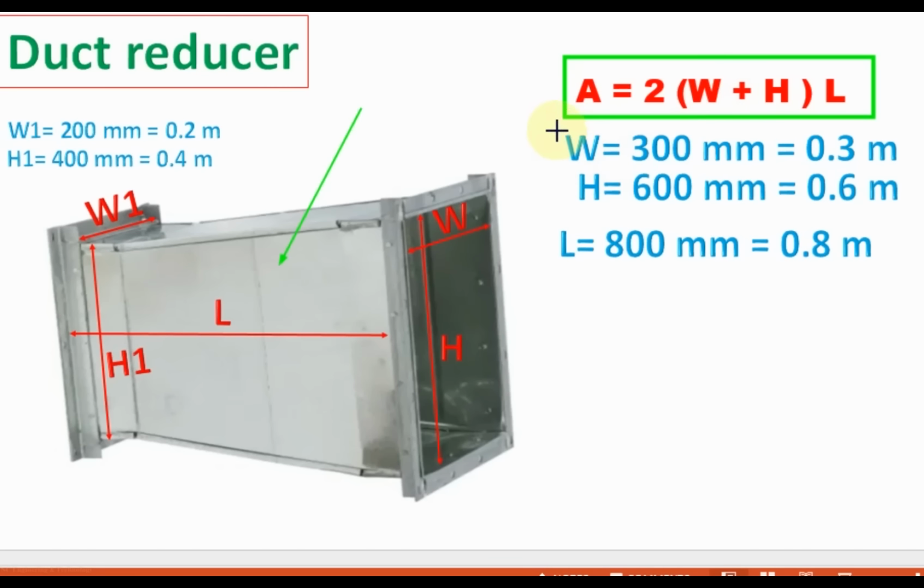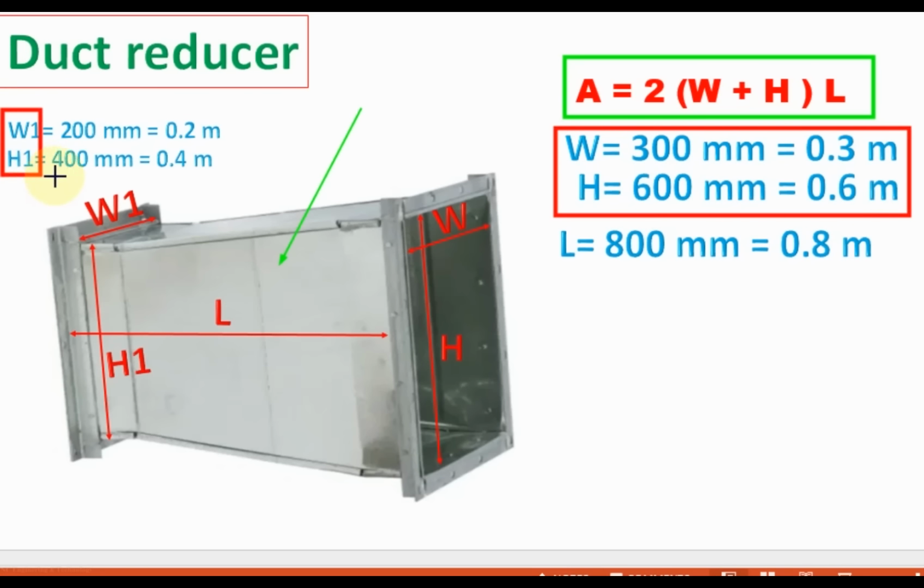One side of this reducer has the dimension width equal to 300 mm, height equal to 600 mm, and the other side has the dimension width equal to 200 mm and height equal to 400 mm. So to calculate the area for this reducer, we will consider the largest dimension.